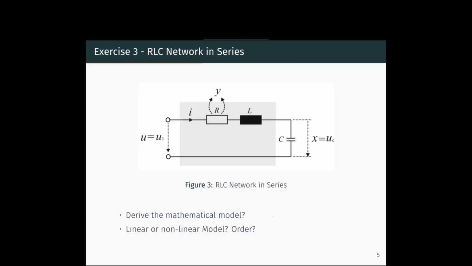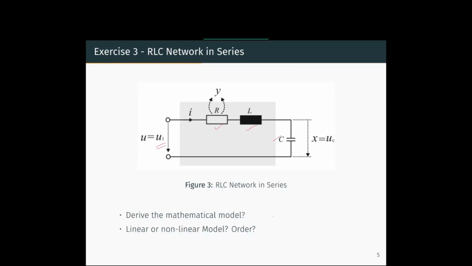To begin with, we will write the balance equation. So Kirchhoff's voltage law says that whatever voltage is supplied, U1, will be equal to the voltage drop across the resistor, across the inductor, and across the capacitor.